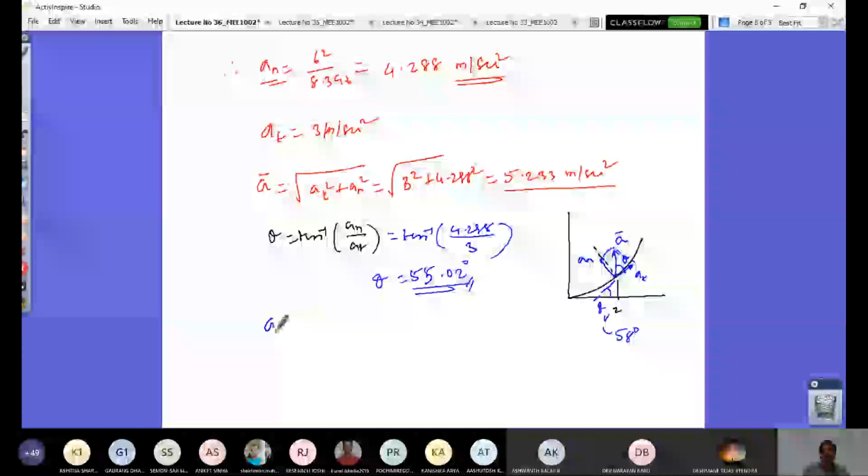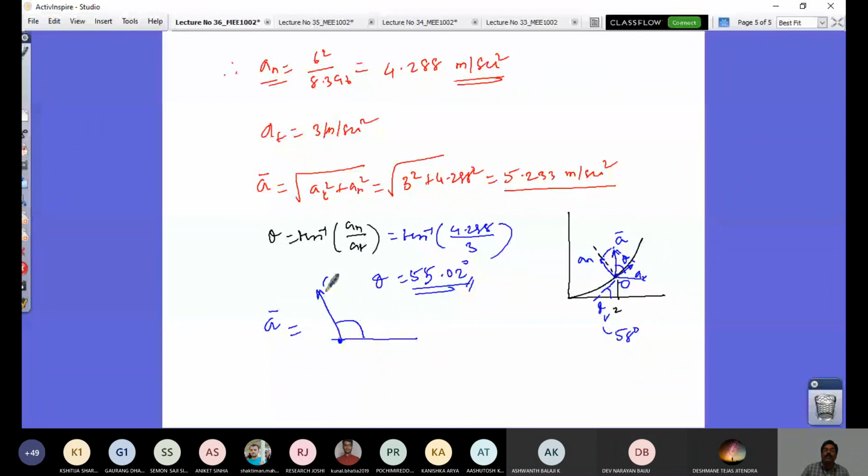Therefore, this acceleration vector to the horizontal is 58 plus this. If I represent it, this is not a correct diagram. This angle appears to be 90 degrees, but it is more than that. If this is the point of observation, say O, at that point I have this angle.